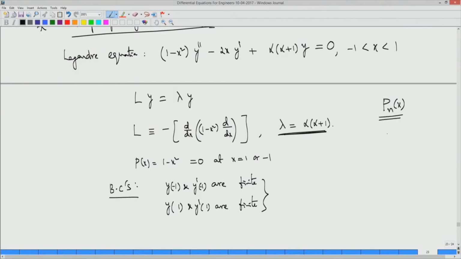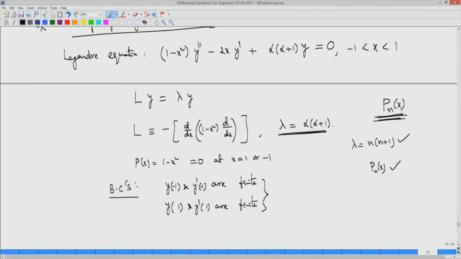All other solutions are series solutions which are unbounded at plus or minus 1. So, the only bounded solutions are P_n(x). That means when lambda is equal to n into (n plus 1), I have a corresponding non-zero solution P_n(x).